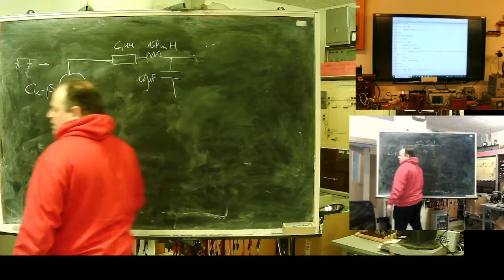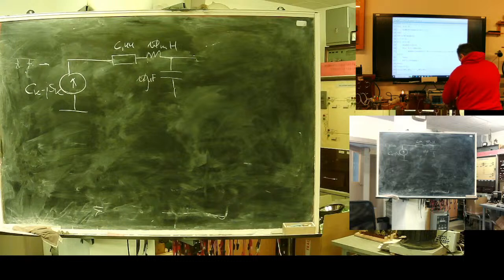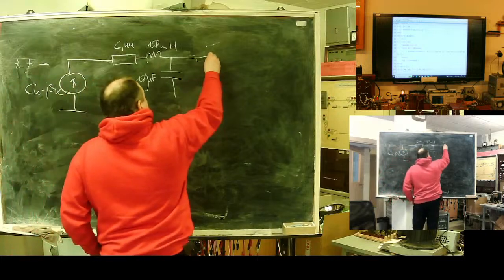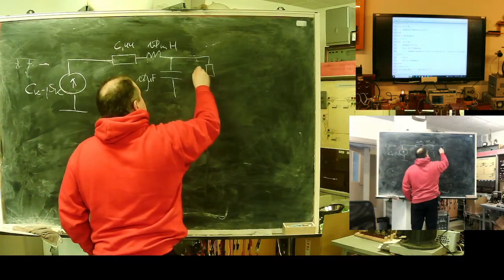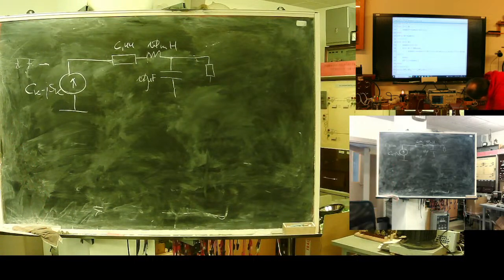What's next? Next, my nice metal inductance coil. It has a self resistance of 6.47 ohms.